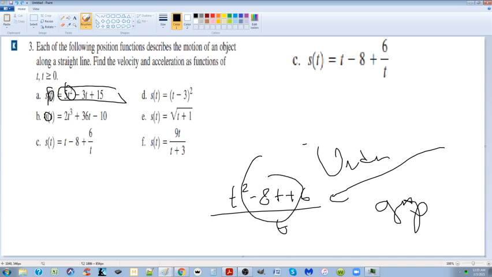So if you imagine a parabola with these conditions, I don't think it crosses the x-axis with these coordinates, but it's upward facing. And then you realize that t is in the denominator, that means at t equal to 0, it's going to have an asymptote, which means this parabola is never going to get there.